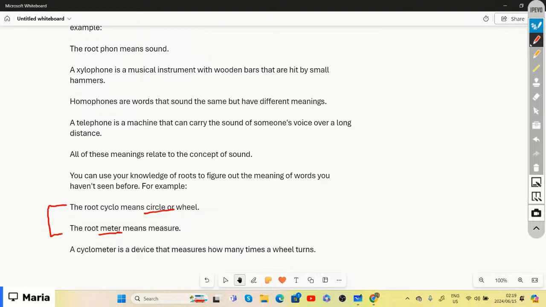So now a cyclometer is a device that measures how many times a wheel turns. And there you can see how we put the two words together to make one word. So that is a cyclometer.